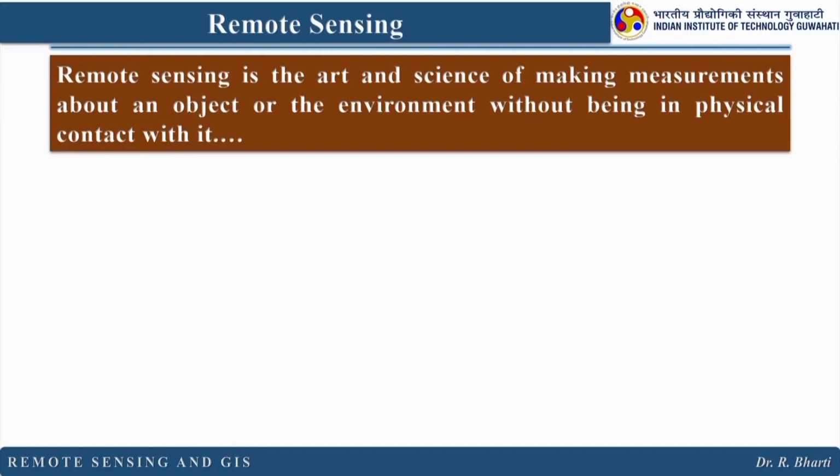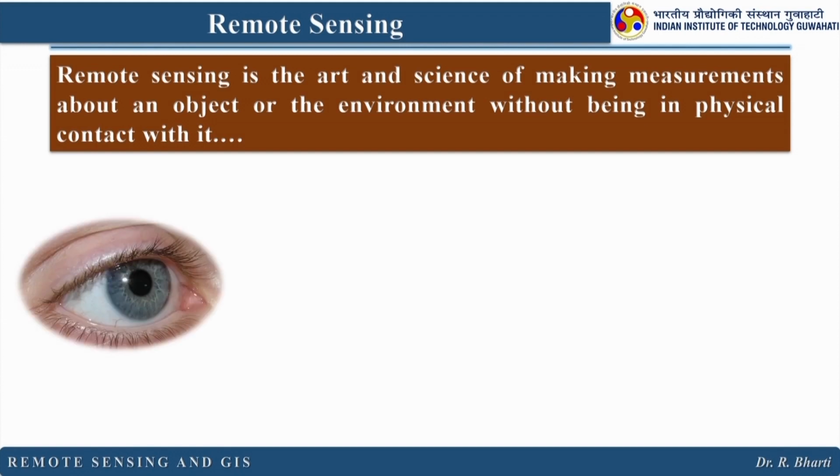Remote sensing is the art and science of making measurements about an object or the environment without being in physical contact with it. So, the best example of remote sensing is our eyes.